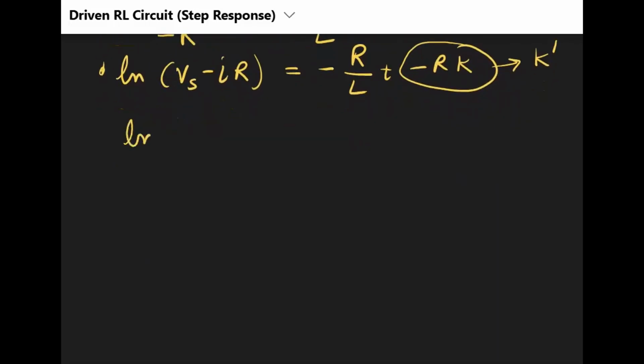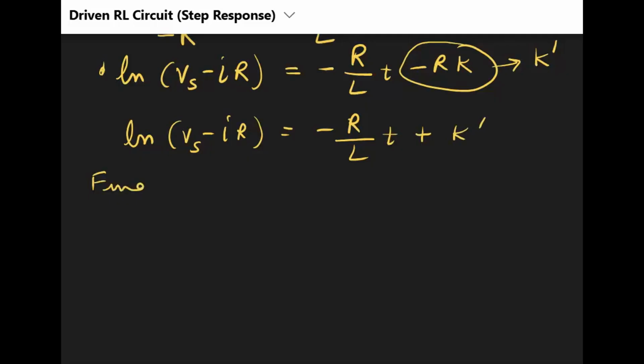So ln(Vs minus iR) equals minus (R by L) t plus k dash, and now we will find the value of k dash at t equals 0. At t equals 0, i(0), which we have represented by i, is I0 that we defined initially.